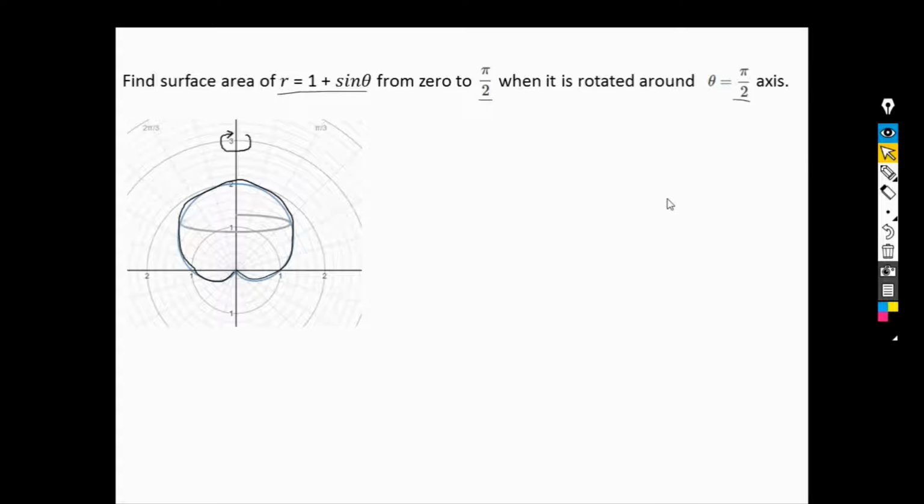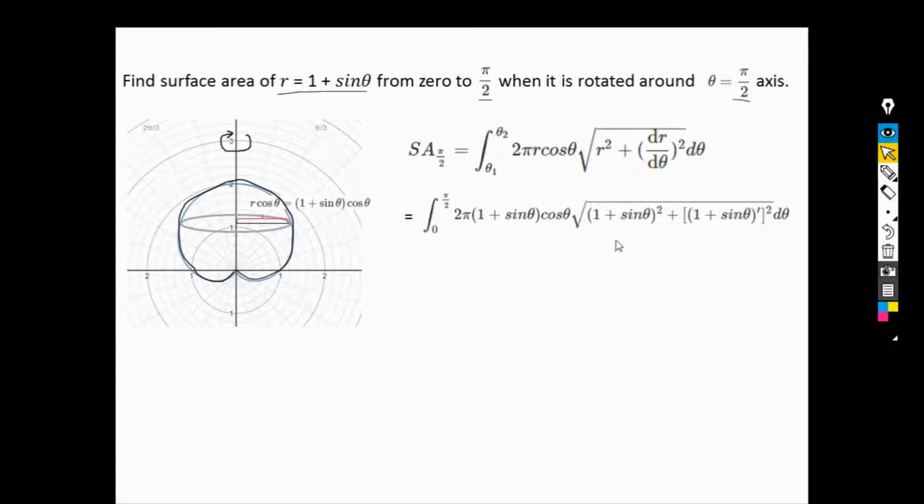So we want to find this segment's radius and arc length. So the surface area will be 2 pi times 1 plus sine theta times cosine theta times arc length. To find the arc length first, we need the derivative of r, then square it and add it with r squared.